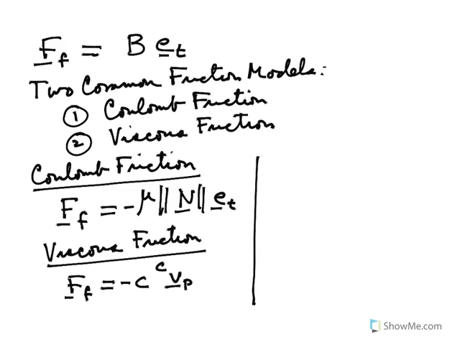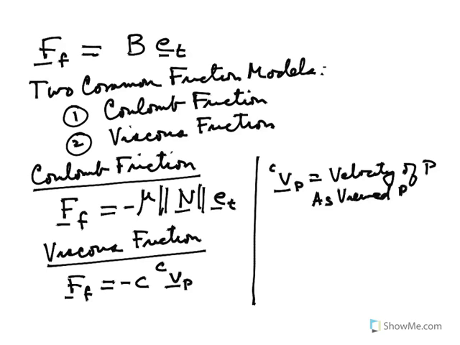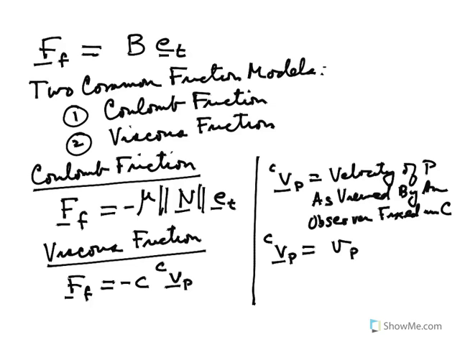The velocity VPC, the velocity of P as viewed by an observer fixed in C, can be written in terms of the intrinsic basis as the speed times the tangent vector.